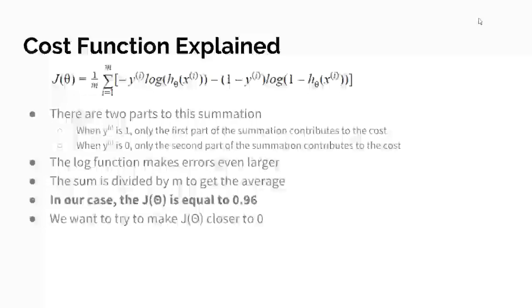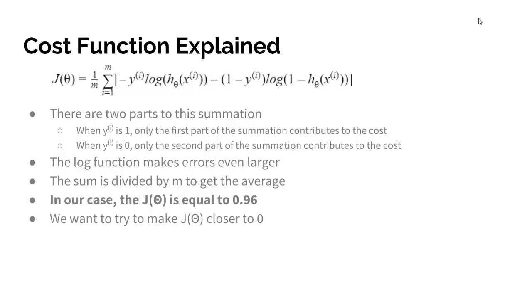So here's how we can break down the cost function. So the summation has two parts. One that's multiplied by negative yi, and the other one that's multiplied by negative 1 minus yi. And so as we remember, yi can be only 1 or 0. And so we place those terms there in order to cancel out a specific term based on what yi is equal to.